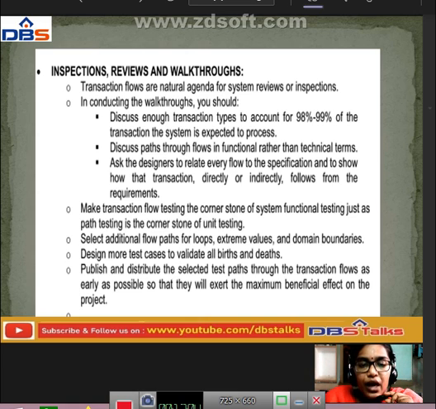And we publish and distribute the selected test paths through the transaction flows, as early as possible, so that they will exert the minimum beneficial effect on the project.